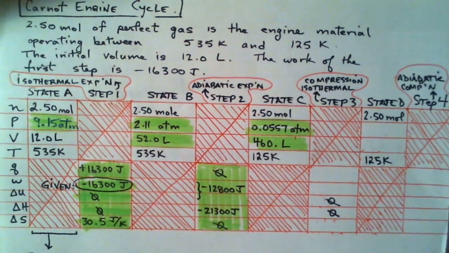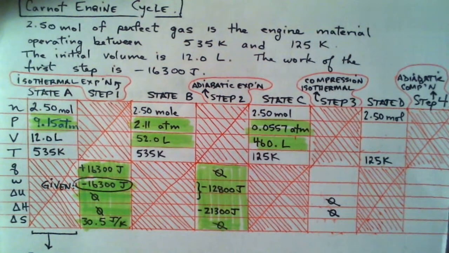This is where the fact that it's a Carnot cycle is going to help me a lot. Do you recall in the description of the Carnot engine cycle we had, first of all, T hot, T cold, that's easy, but we also had Q hot and Q cold, right? So where in this table is Q hot?